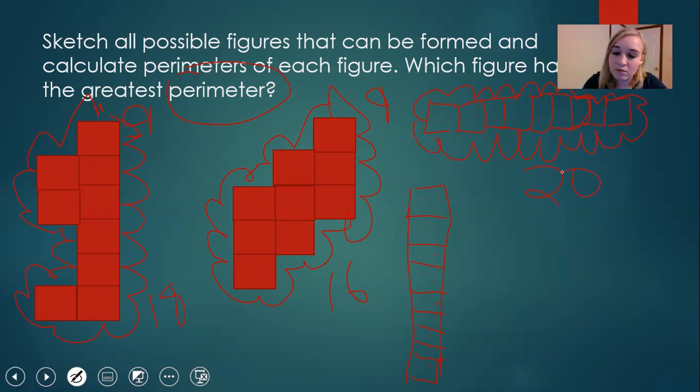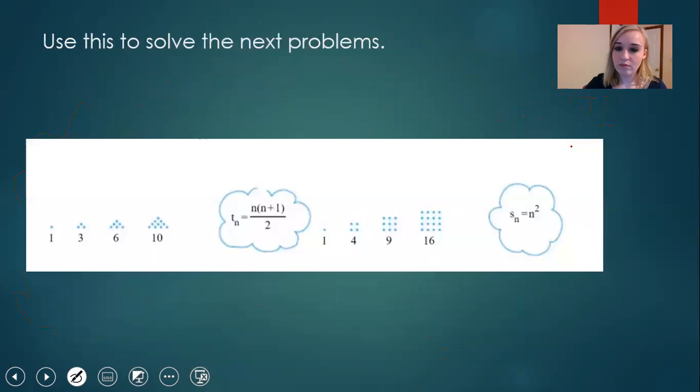The perimeter is 20. And I'm pretty sure it's going to be the same here. Yeah. Let's see. Yeah, 20. So the greatest would be doing it this way. If we're trying to find the greatest perimeter, that's what it would be.